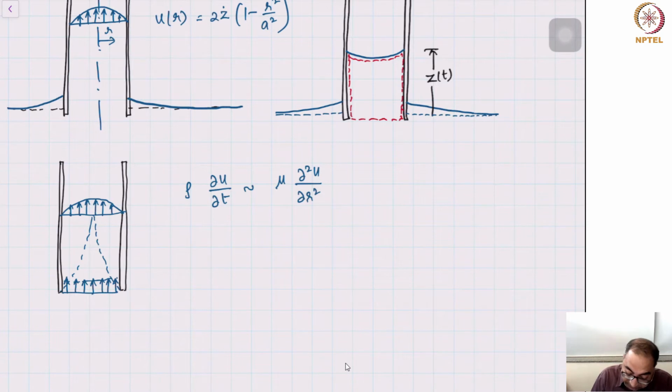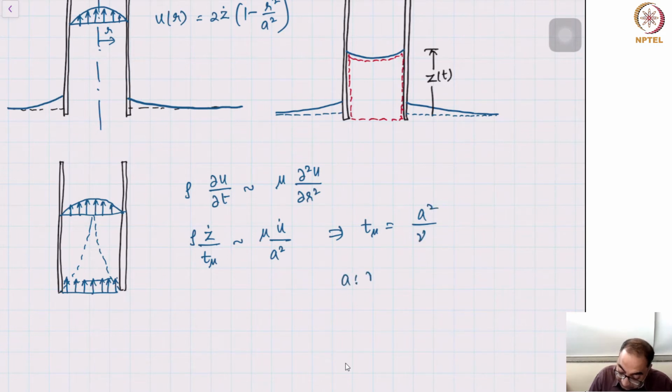If u is the velocity and the meniscus fluid is rising, then a typical estimate would be T mu, which goes as mu u dot by a squared. This gives me an estimate for T mu, which is a squared by nu, where a is the radius of the tube and nu is the kinematic viscosity.